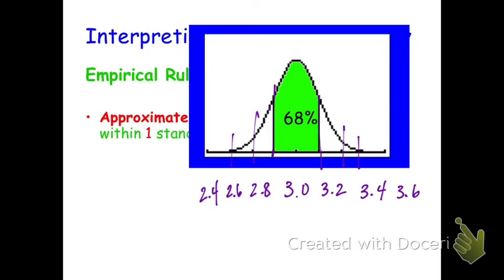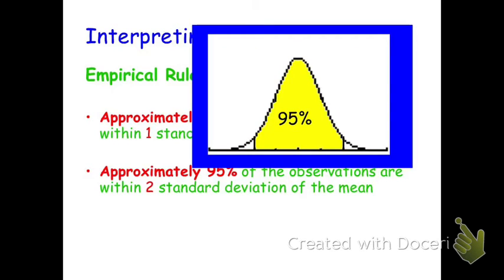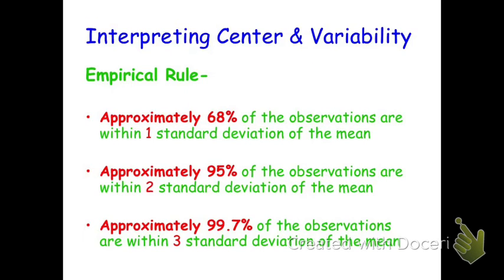If I go out plus or minus 1 standard deviation from my center, and I surveyed 100 people, then 68 of them would be between 2.8 and 3.2. So 68% are contained in your first standard deviation, plus or minus 1. 95% are within 2 standard deviations, and 99.7% are within 3 standard deviations.